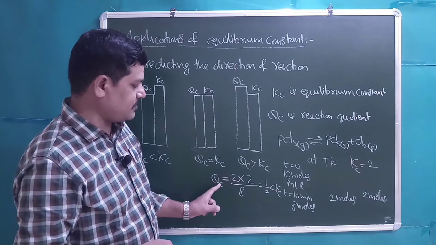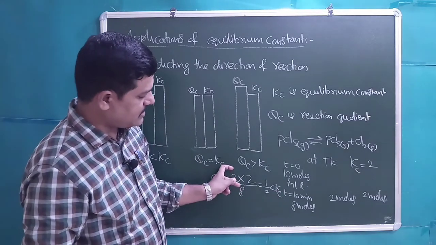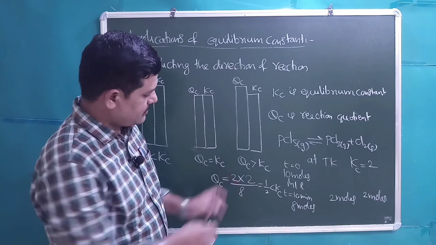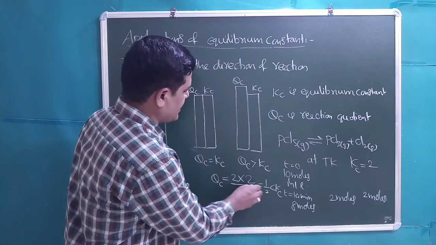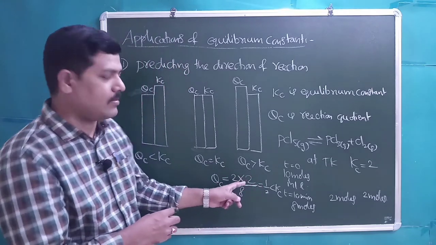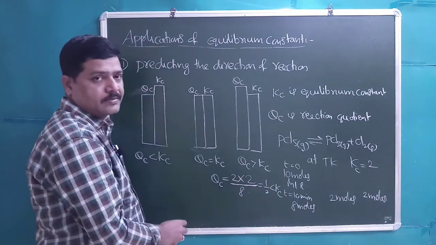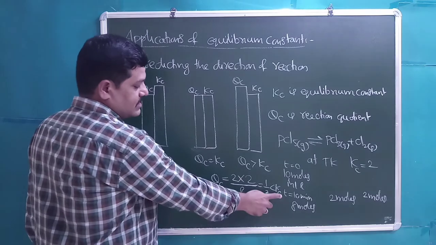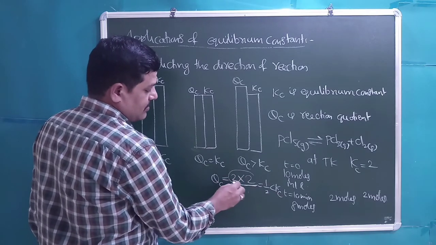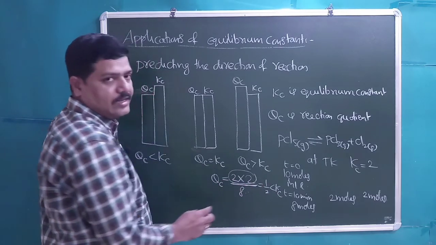In the expression of Qc, the numerator gives the concentration of the products and the denominator gives the concentration of the reactants. So when Qc is less than Kc, the numerator value is lesser than the denominator.